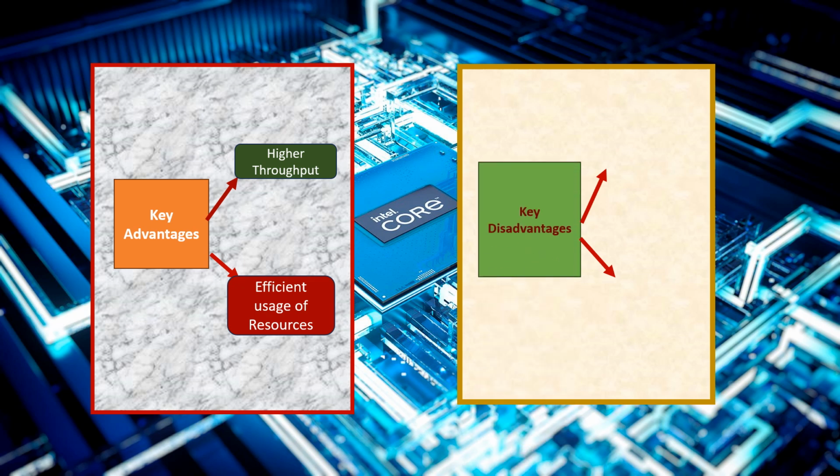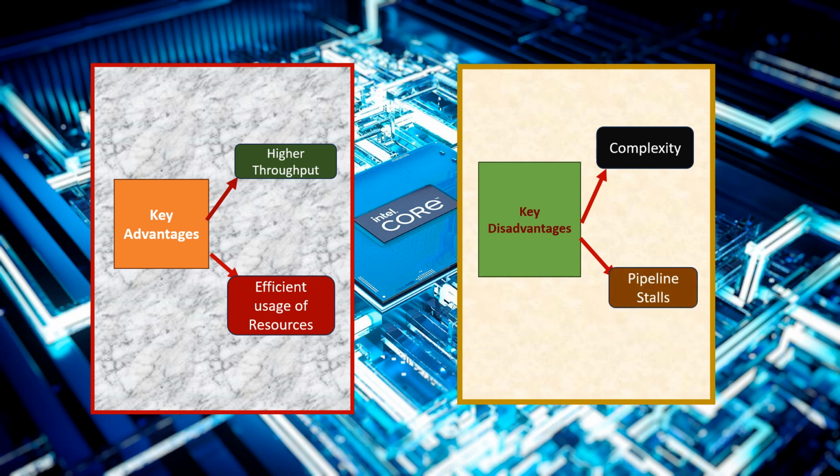Then the next are the key disadvantages. Along with advantages, pipelining has some disadvantages also. The first is complexity. Managing the hazards and ensuring instructions flow smoothly through the pipeline increases design complexity, obviously, because handling those kinds of hazards requires a lot of complex solutions. This is a key disadvantage of pipelining.